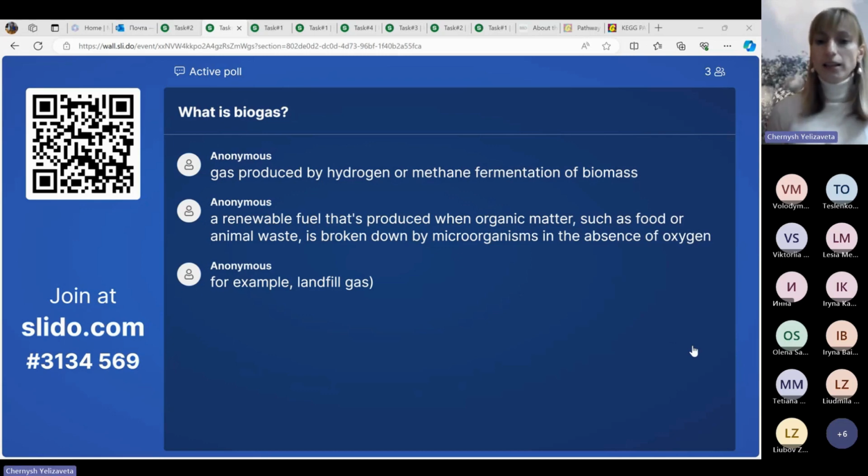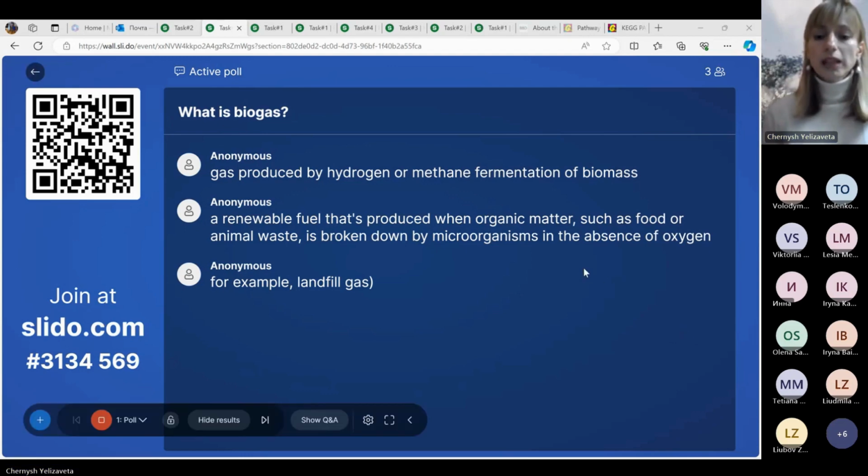When we get methane, it's mostly an analog of natural gas, and we can use it as a source of energy for our energy consumption. So that is the composition of biogas, and of course its production is connected with anaerobic digestion, and the terminal stage of anaerobic digestion is methanogenesis. Methanogenesis is methane production. Okay, the next.